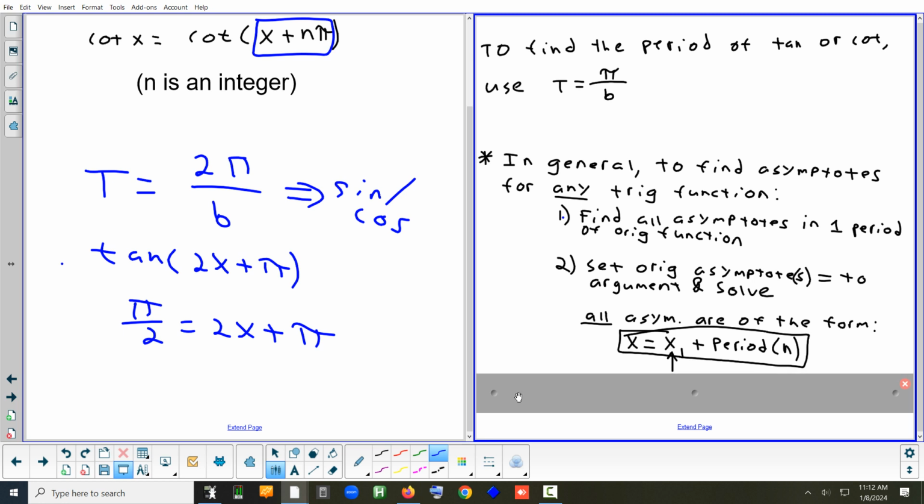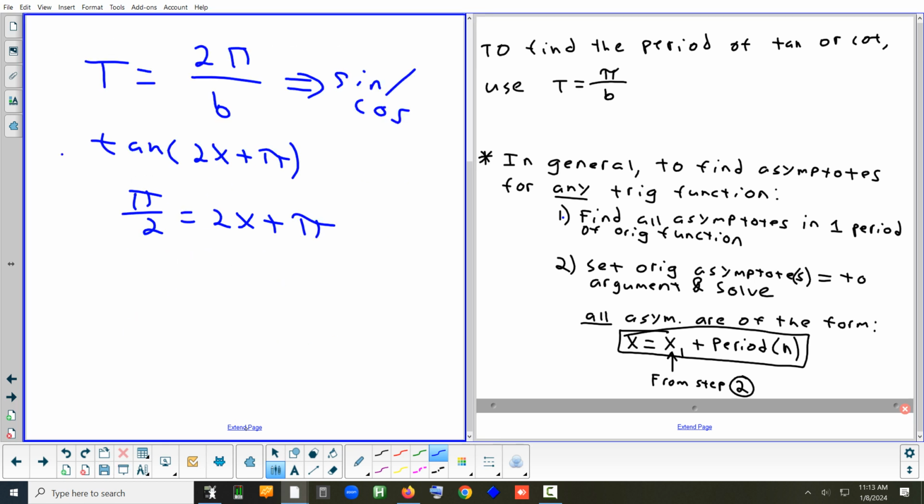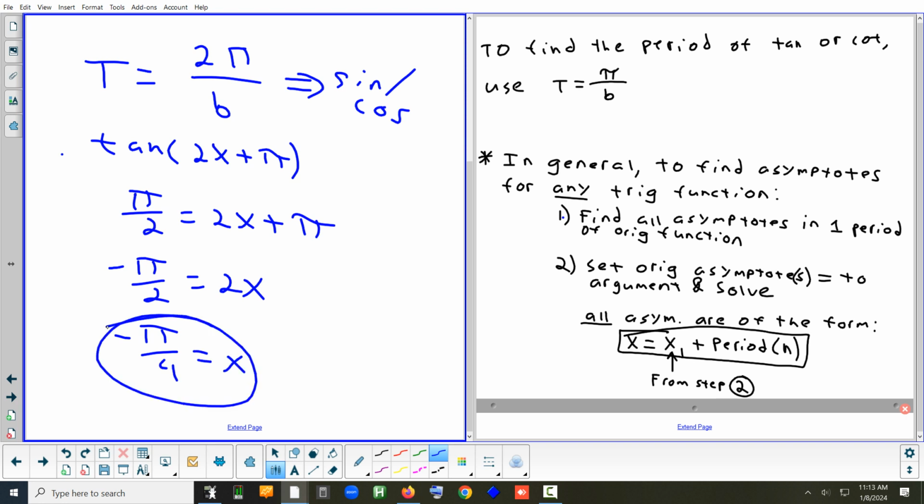And then, if you want to know where all the asymptotes are, it's easy once you know one of them. They repeat every cycle. So all you do is find that asymptote from step 2. In this case, it would be negative pi over 2 equals 2x. That's where the first asymptote in tangent would move to if you did that phase shift and that horizontal stretch.